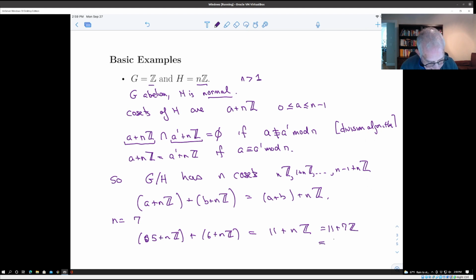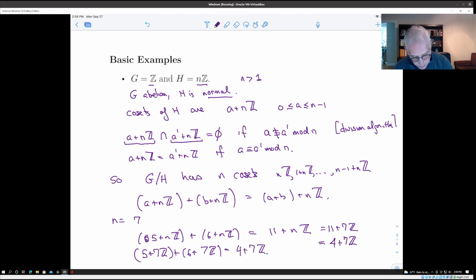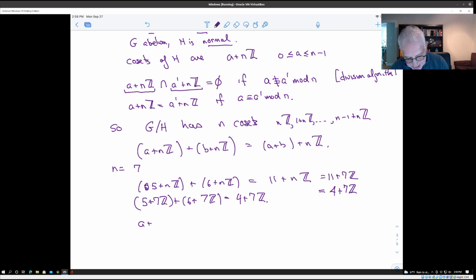That's exactly the same set of elements as everything which is 4 more than a multiple of 7. These two cosets are the same. So we would have that 5 plus 7Z plus 6 plus 7Z is 4 plus 7Z.